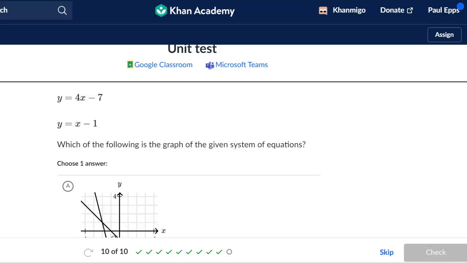Equation of a line y equals mx plus b. M is the slope. B is the y-intercept. So we've got 2 lines here. They both have a positive slope, and the y-intercepts are at -1 and -7. So let's see if that narrows it down.